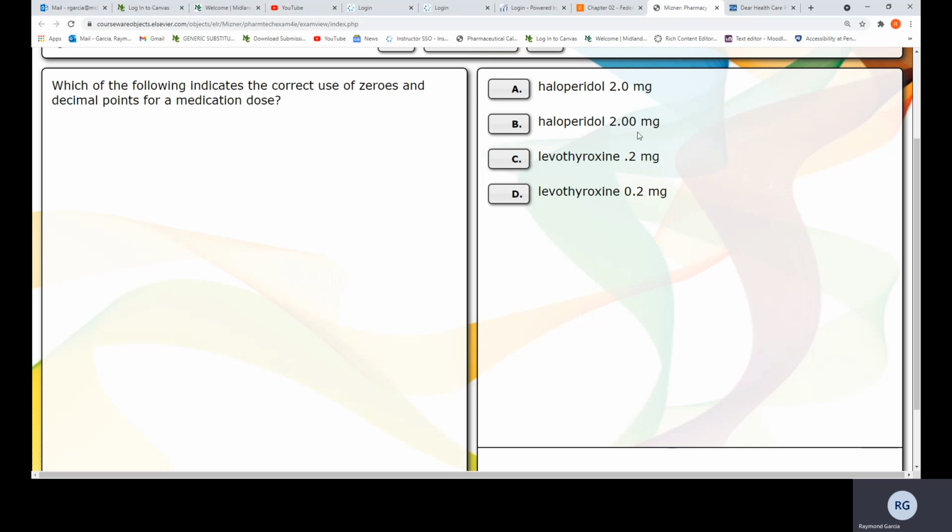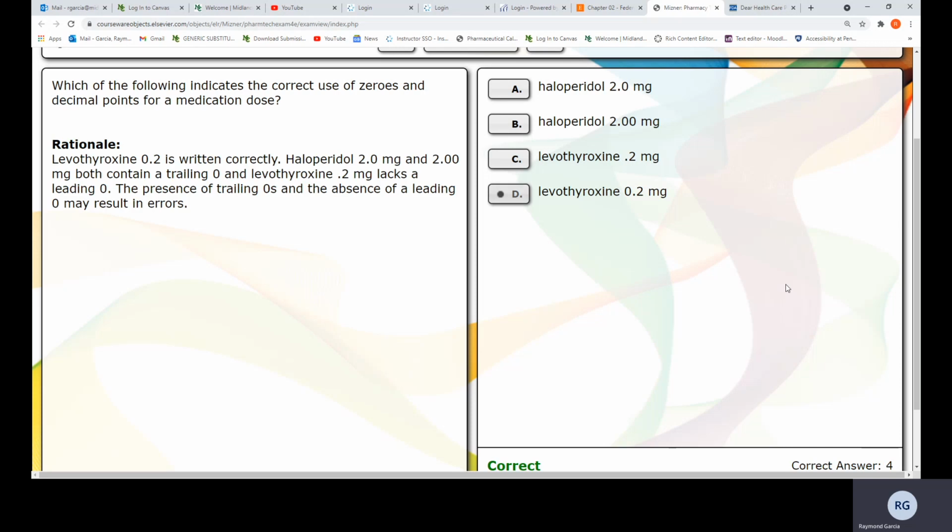And you would need a zero here in front. So, yes, letter D, levothyroxine 0.2 is written correctly. Haloperidol. Both of those are incorrect. The presence of trailing zeros and absence of leading zeros may result in errors.